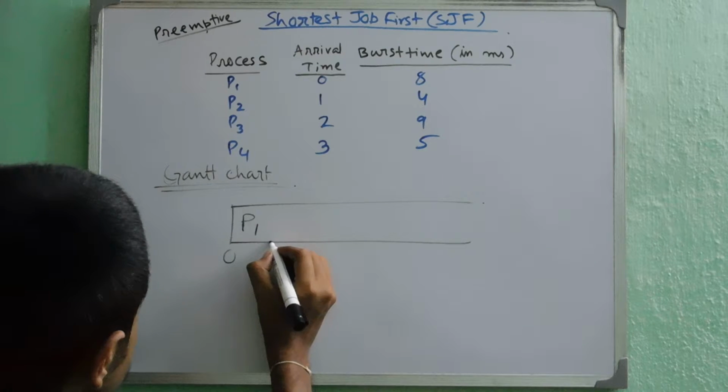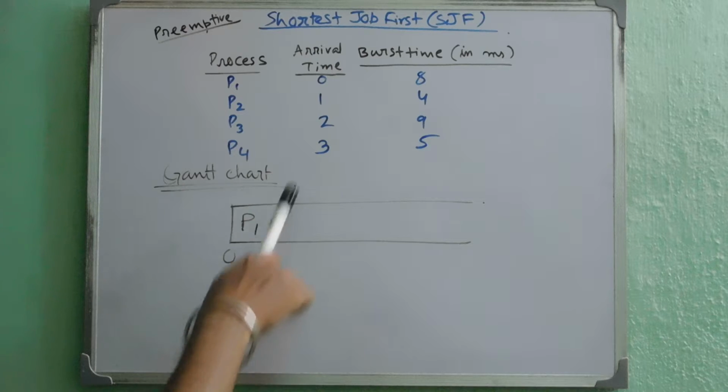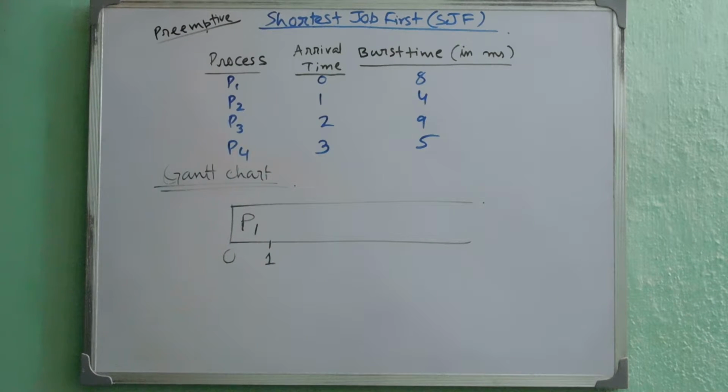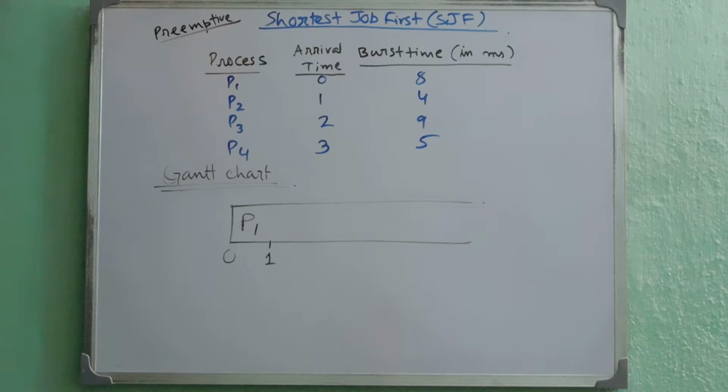Now this is 1 millisecond. Now at 1 millisecond we have P2 coming in. P1 has completed 1 millisecond. That means 7 milliseconds are left for P1.